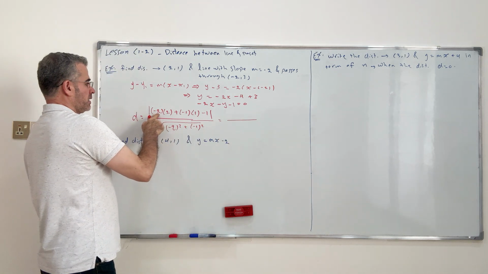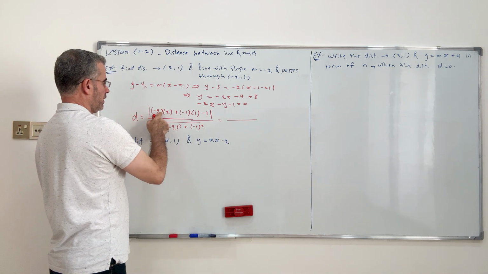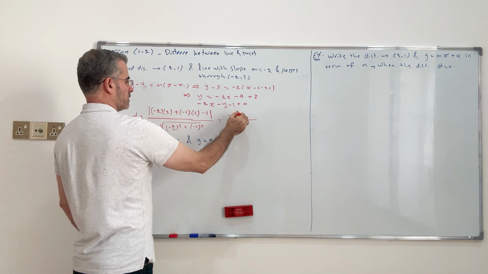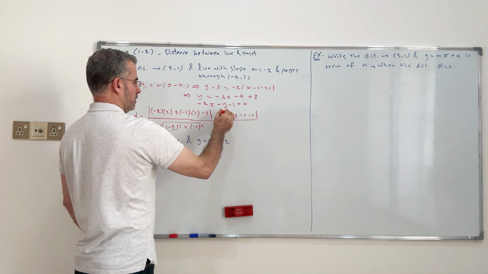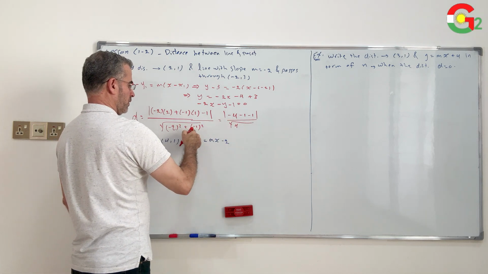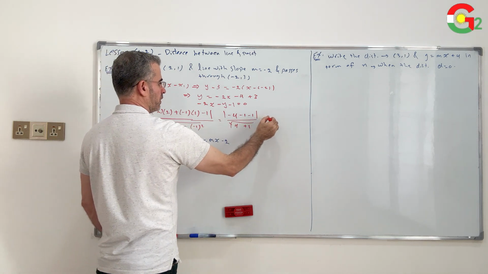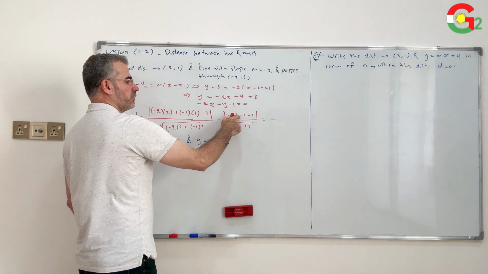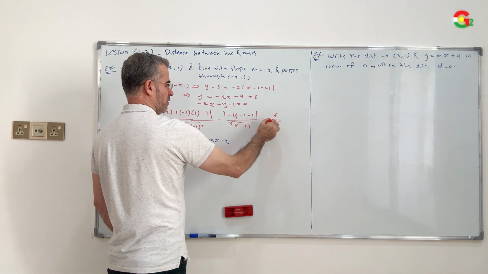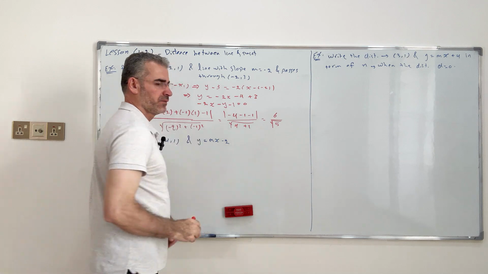Simplify this. -4 minus 1 over -2 square, 4 plus 1, equal to -5, -6, absolute -6 over square root 5.